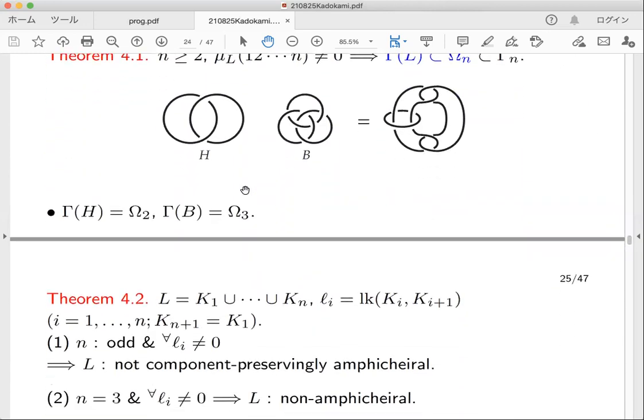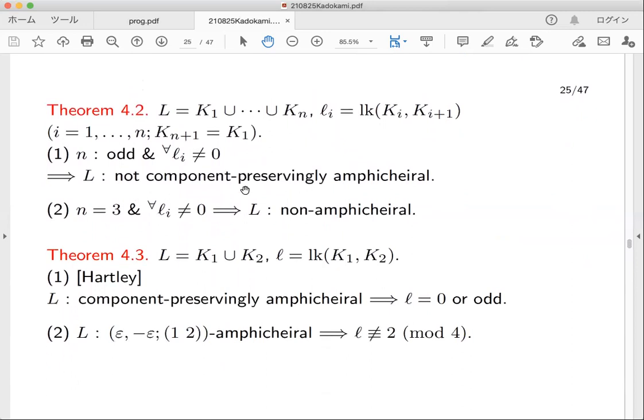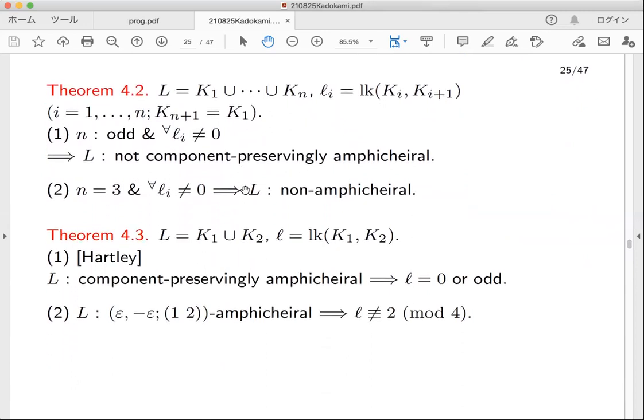Yes, so this page. For an n-component link L equal to K1 union to Kn, let li be equal to the linking number of Ki and Ki plus 1.